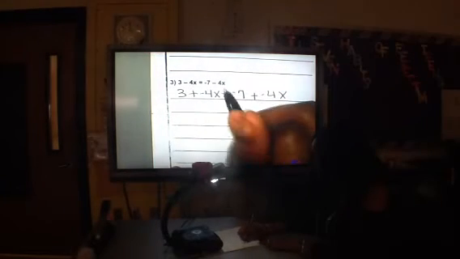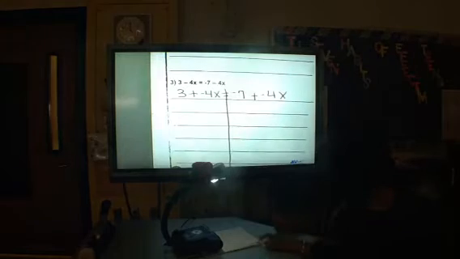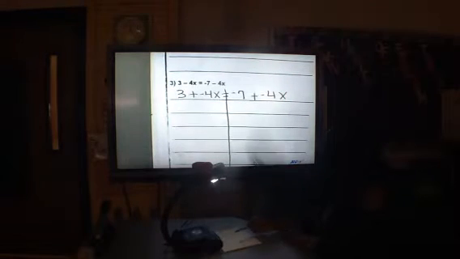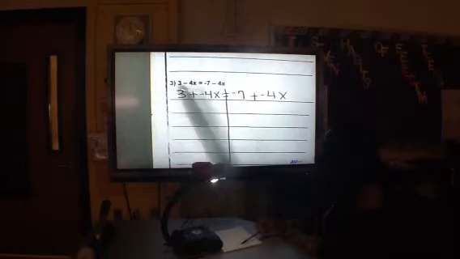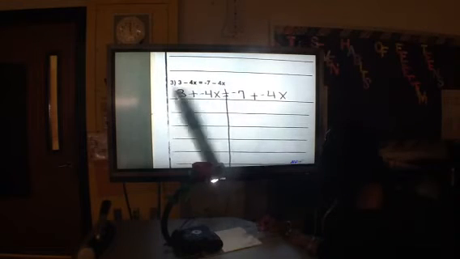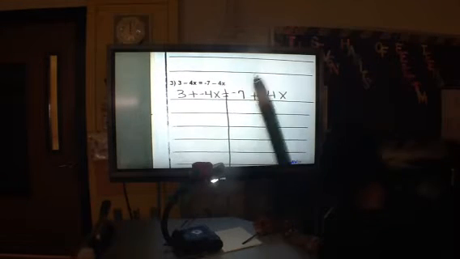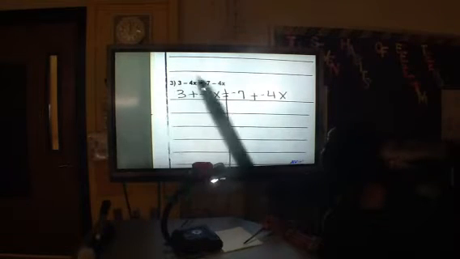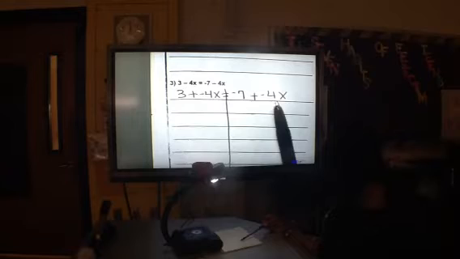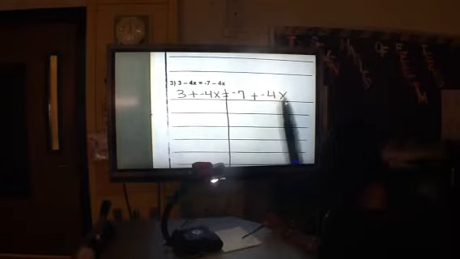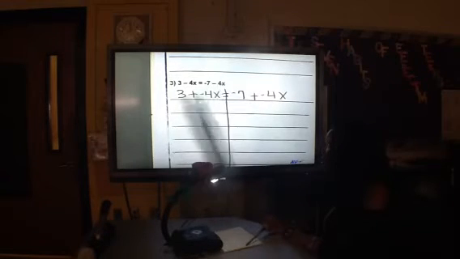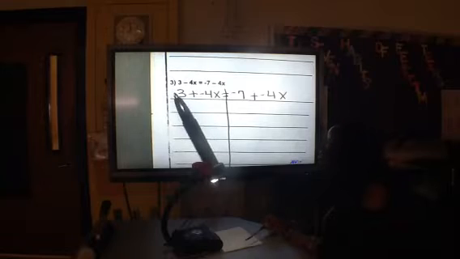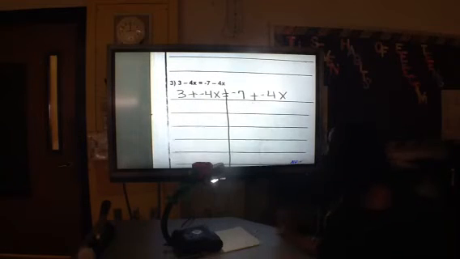Some things I want you to pay attention to. Don't forget to draw your boundary line. If you look here, analyze this side, and then analyze this side. There's some commonalities here. Both sides have a negative 4x, and then they have different constants. Constant of 3, constant of negative 7.